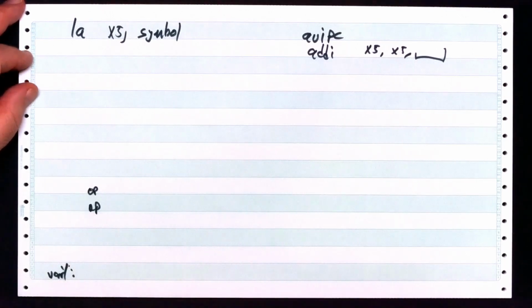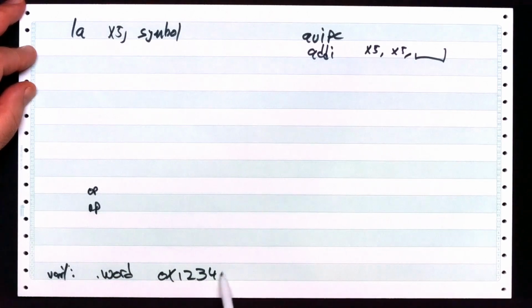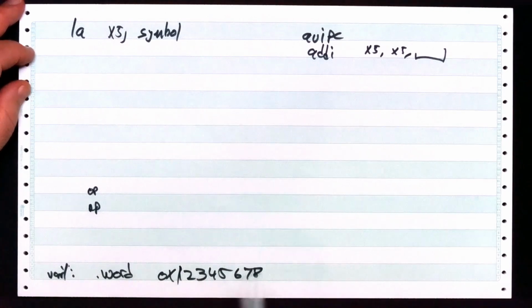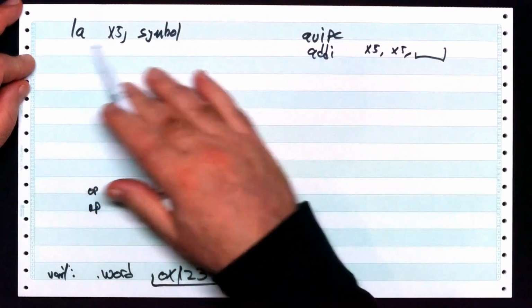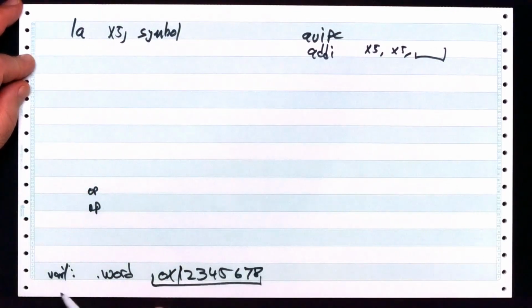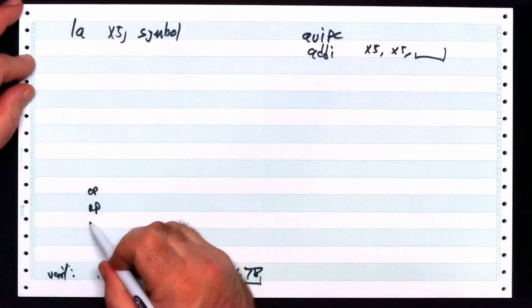And maybe you've got a word in the GNU assembler, you say .word, and you give it maybe a 0x12345678. Here's a 32-bit word, and let's say I want to know the address where this word is stored. I can say LA X5, in this case var1, right here.